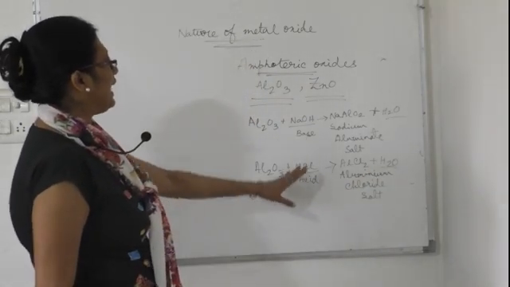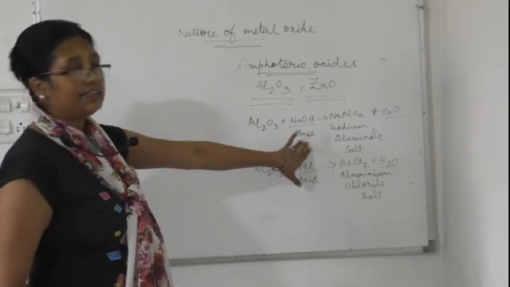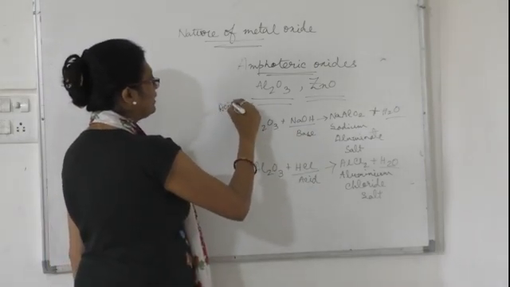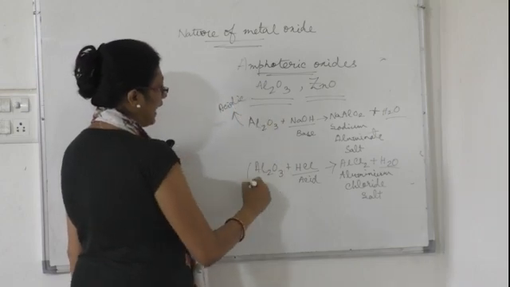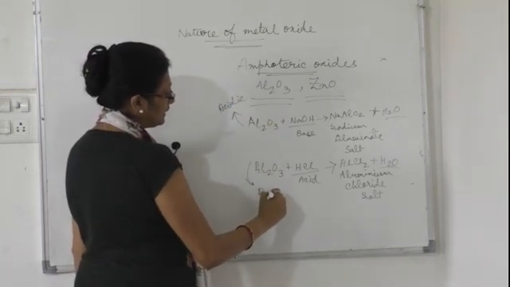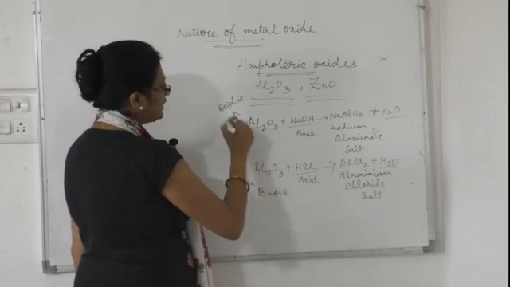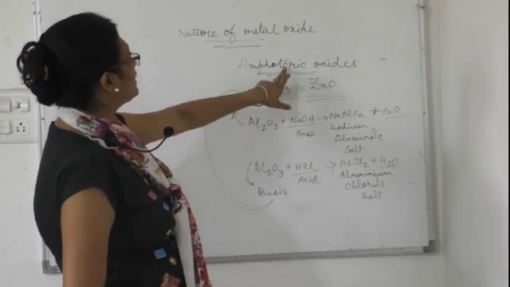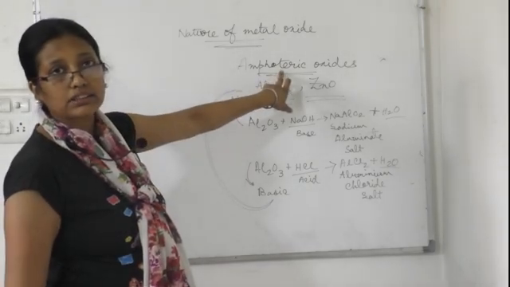Now you can see that when it is reacting with base, it is showing acidic nature, and when it is reacting with acid, it is showing basic nature. So it is showing both natures. That is why it is known as an amphoteric oxide.